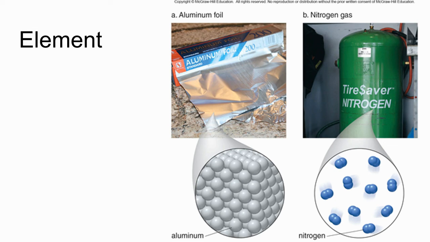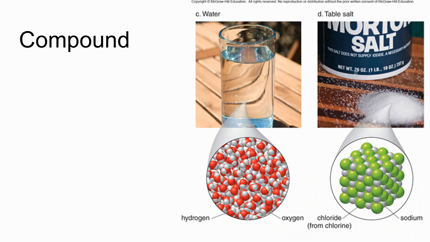If we have nitrogen gas in a tank, that's an element. Even though we have something bonded together, if we look at this model, there's only one element. So that's elemental. Aluminum foil is another example. There's only one type of atom, so that's elemental. Pure substance, elemental.